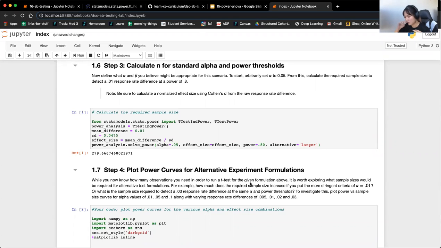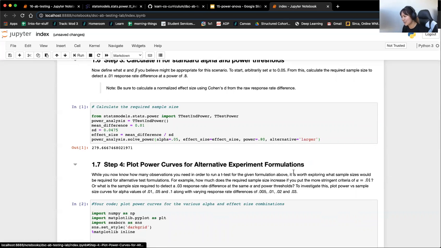So you can work with different constraints, depending on what you're optimizing for. Let's say you really can't give this new email template to 280 people. Maybe you only have enough money to give out to like 200 people. How will these other factors shift because of that new constraint?